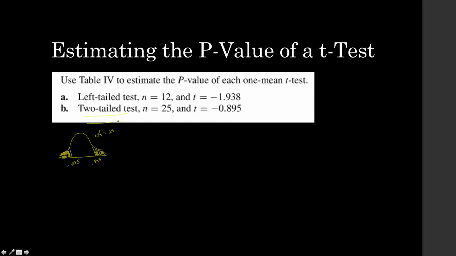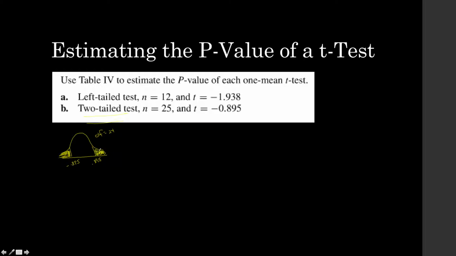Alright, so go to the back of the book, and what you've got to think of here, we're not going to be able to find the area to the left, the negative 0.895, in Table 4. Remember, it only gives us the positive values, and it's only to the right. It's not area to the left, it's area to the right in the T table back there, Table 4.